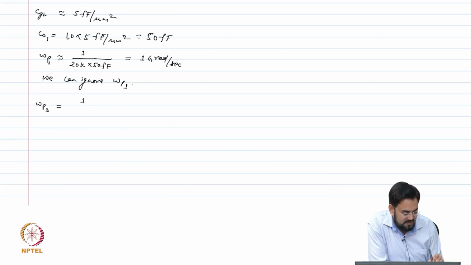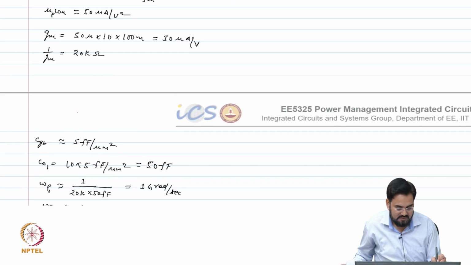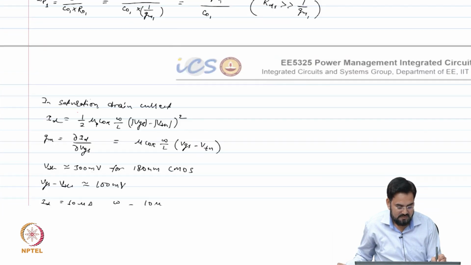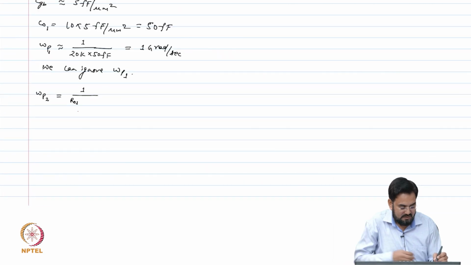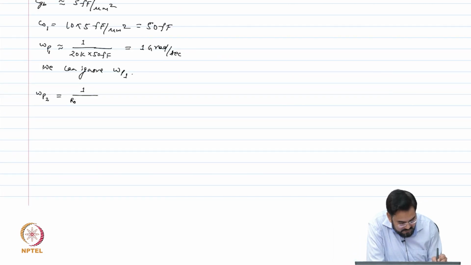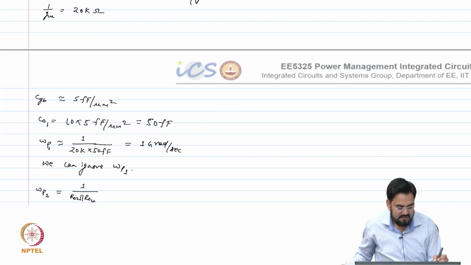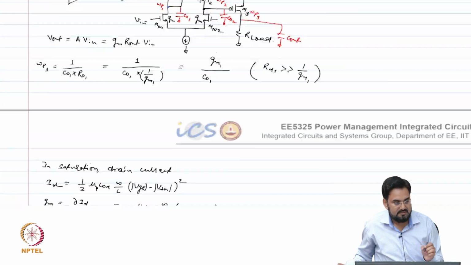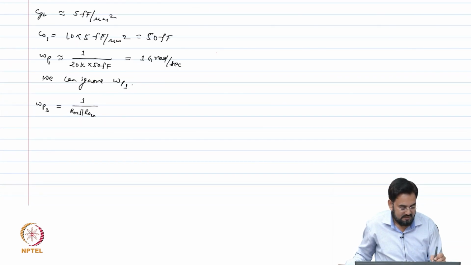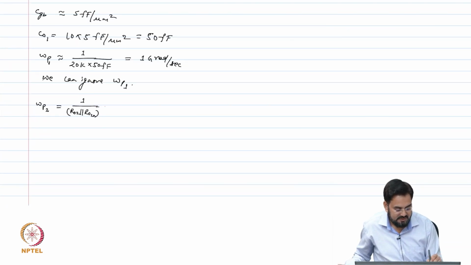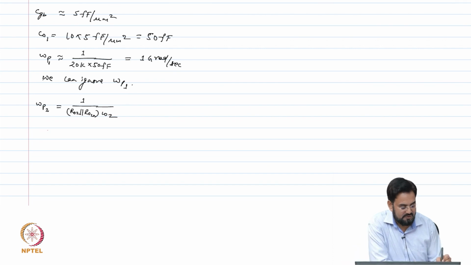So, 1 over RO2 in parallel with RO2N, okay, P and N, then CO2. So, what is CO2?